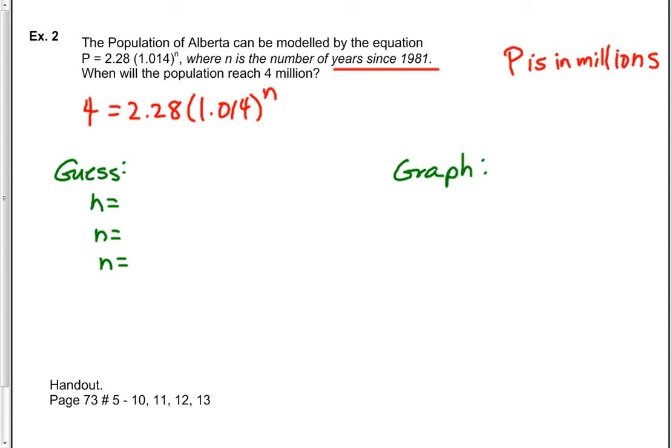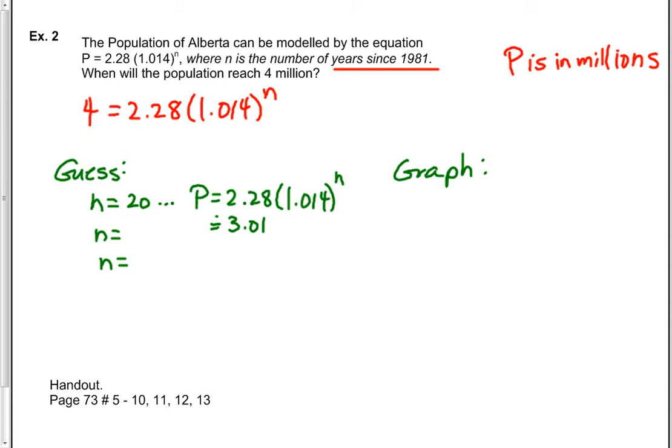So let's try 20 years. In 20 years, the population is 2.28 times 1.014 to the 20, so it's only got an increase of 1.4%. If we type that into a calculator, I get an answer of approximately 3.01 million.